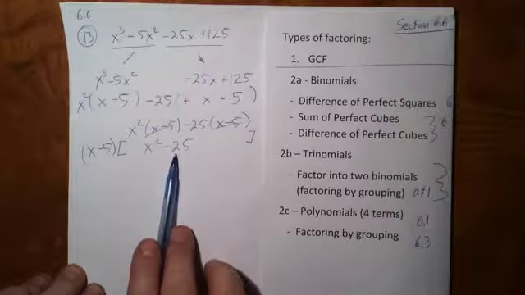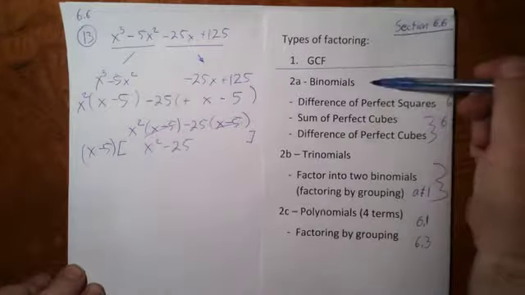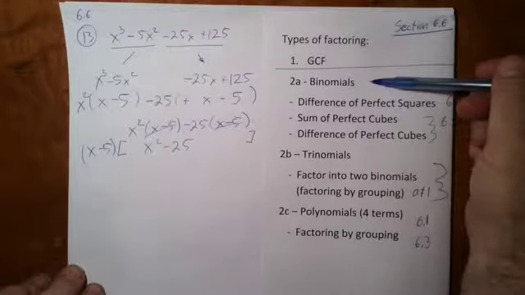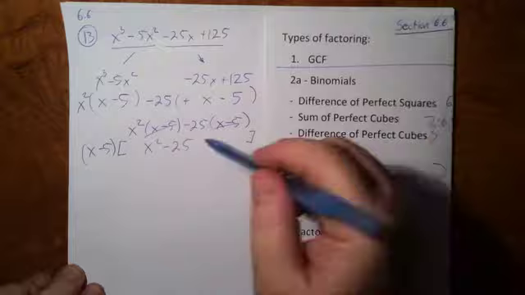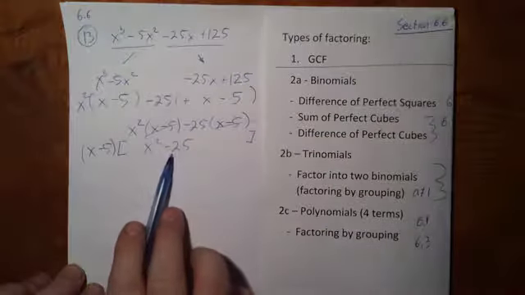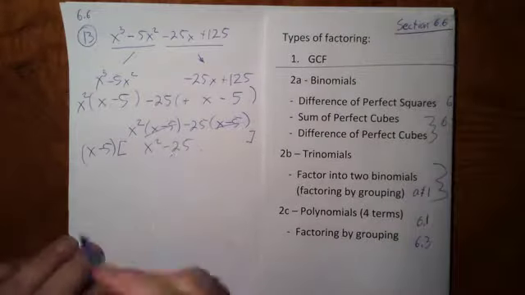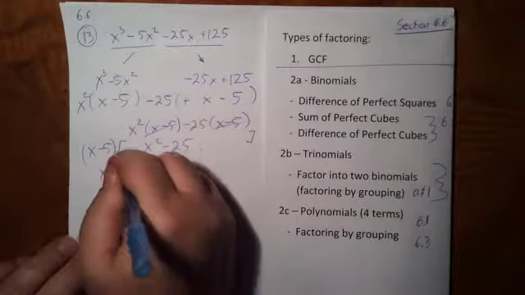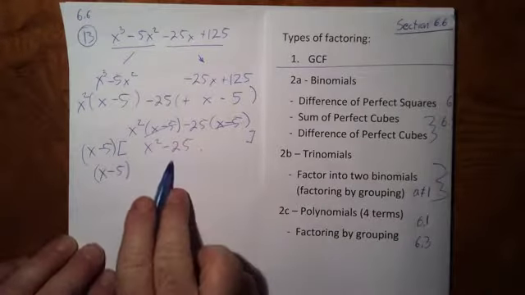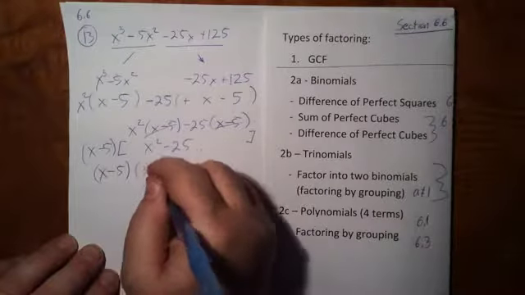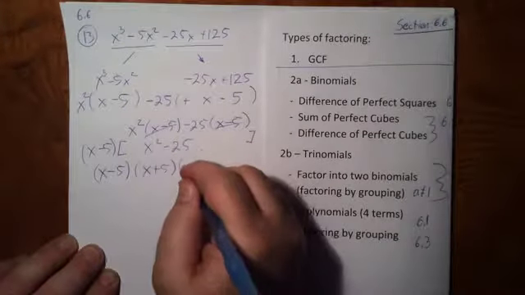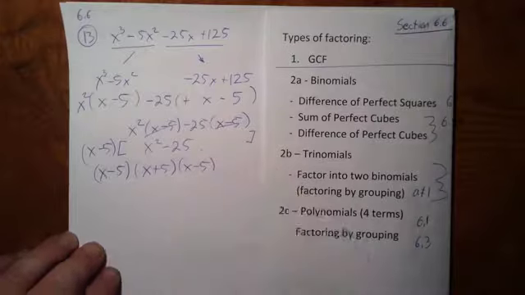If you're looking at this binomial, remember, it's a binomial, so we may have to look at these three different factoring techniques to think, how can we do this further? Since it's the difference of perfect squares, I can write x squared minus 25 as x plus 5 times x minus 5.